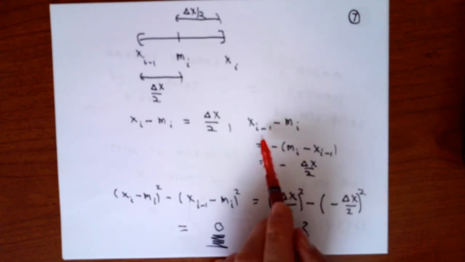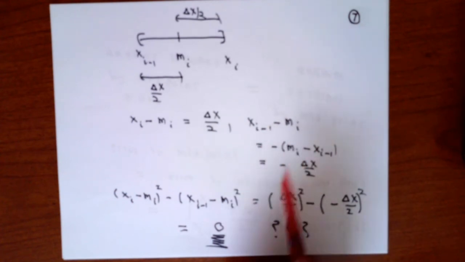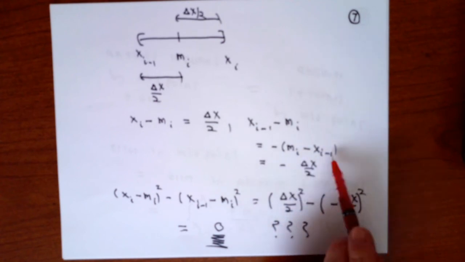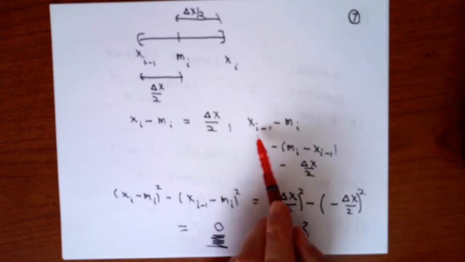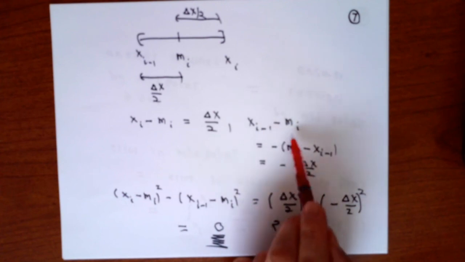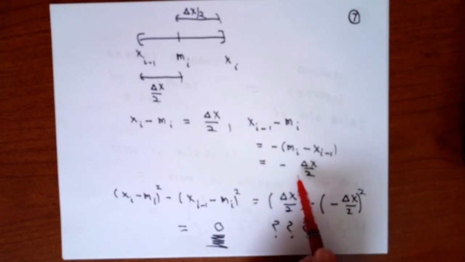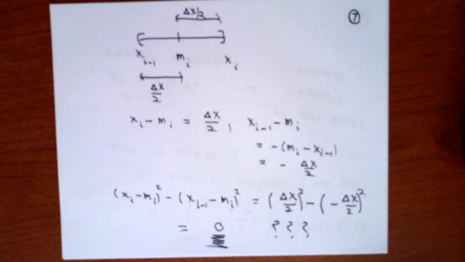Of course, x(i-1) minus mi is the negative of mi minus x(i-1), so x(i-1) minus mi is the negative of delta x over 2. So this quantity that showed up in our antiderivative term works out to be what you get when you square delta x over 2, square the negative of delta x over 2, and subtract those two things. That is to say, it's 0.